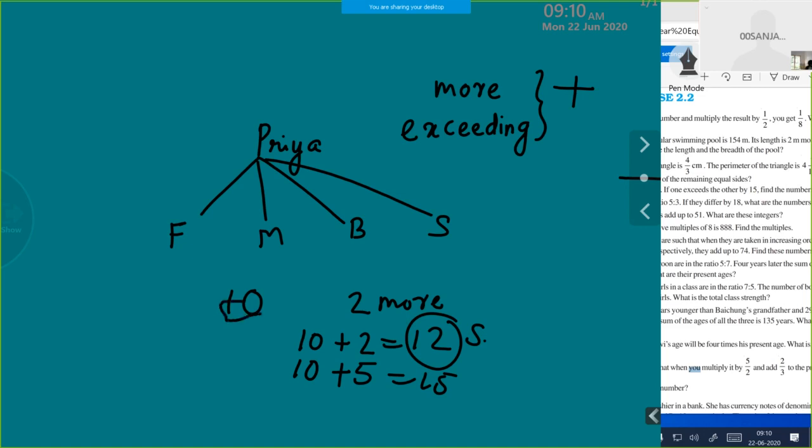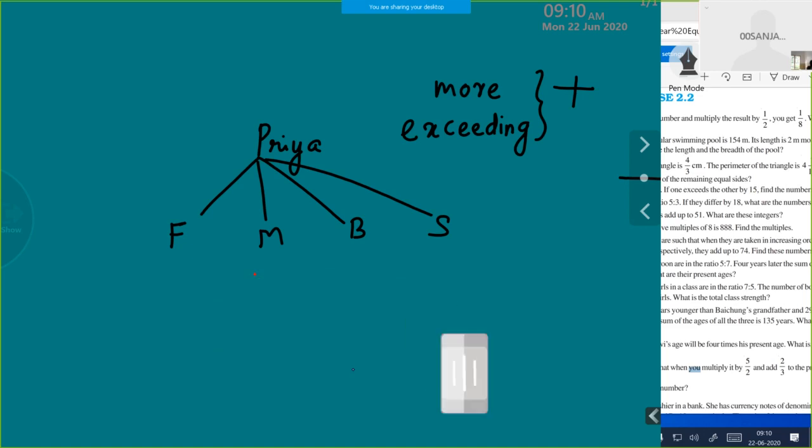Now, take the example that Priya's brother has got 3 chocolates less than Priya. So what is the term I am using now? The word I am using is less than. Okay? Less than. So Priya has got 10 chocolates.